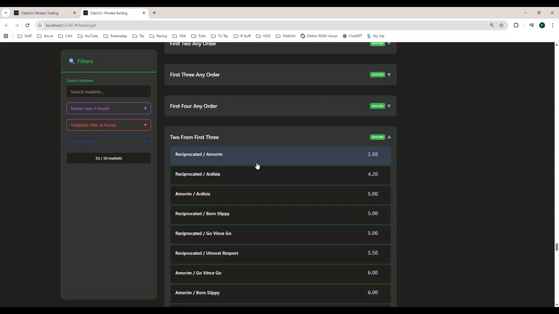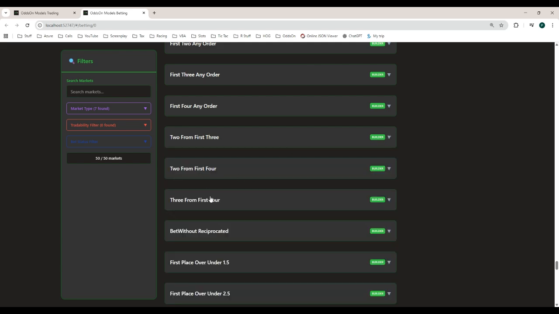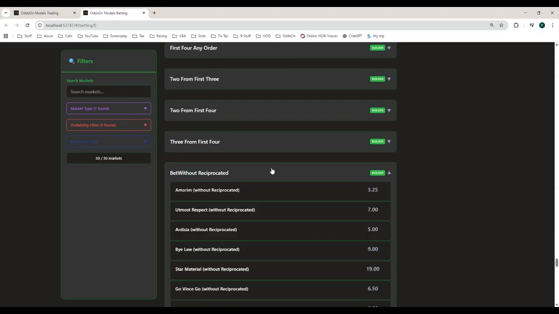This is an easier one to win because your two selections just have to be anywhere in the top three. Three of these bets will win: first and second, first and third, and second and third. That's why these odds are shorter here. We've also done two from first four and three from first four, which I don't think are standard tote bets anywhere at the moment.